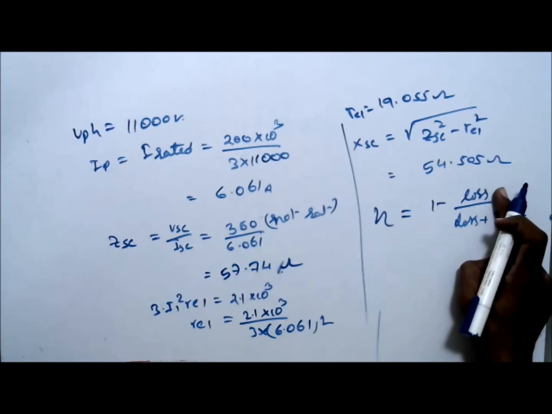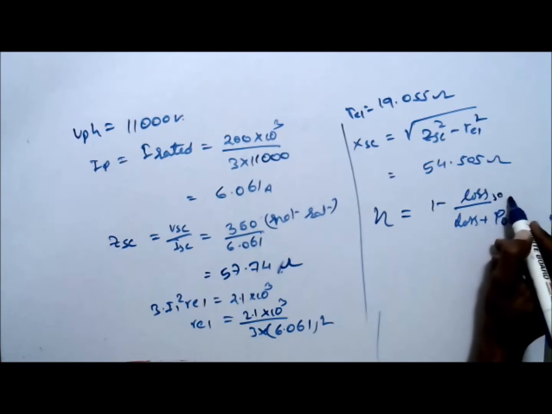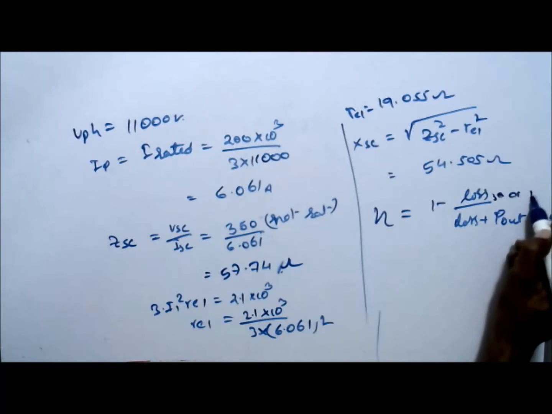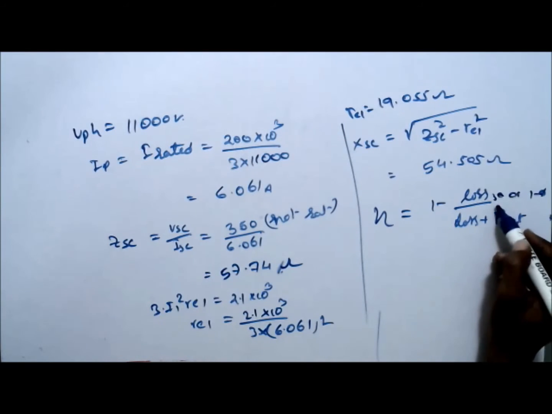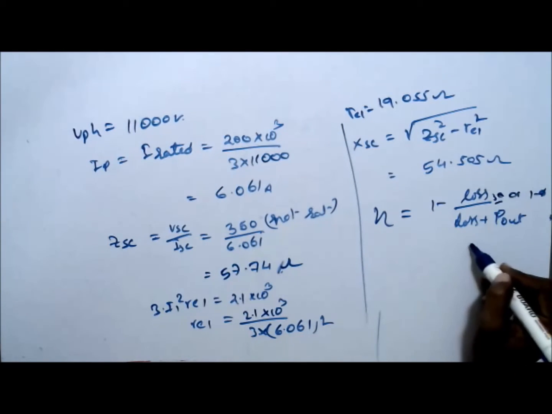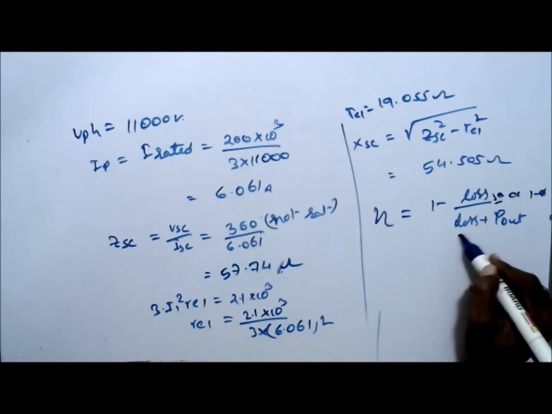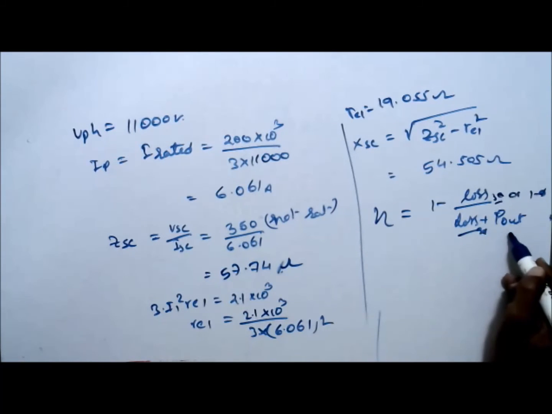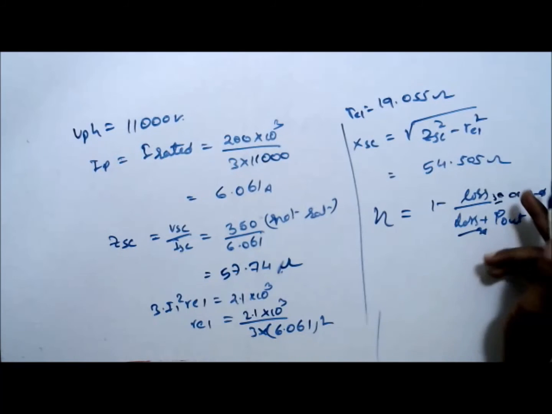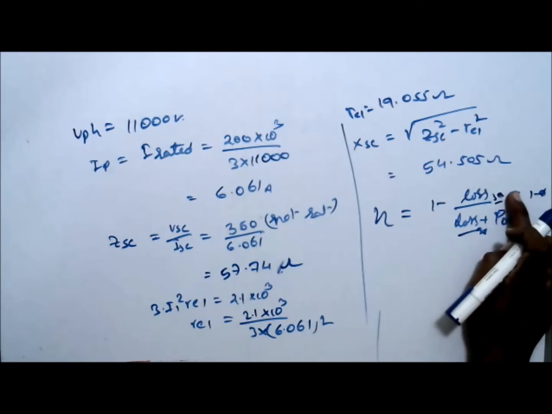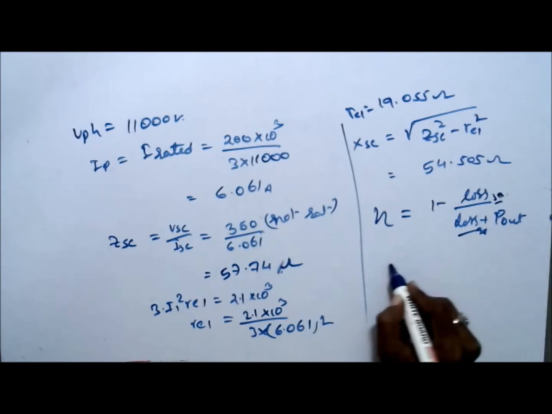You can take these losses as three phase or single phase, either. If you take the numerator at three phase, then we have to take the denominator also three phase. So we will take all three phases.